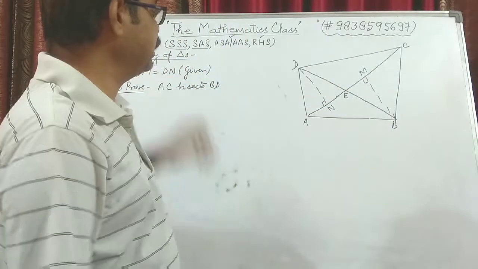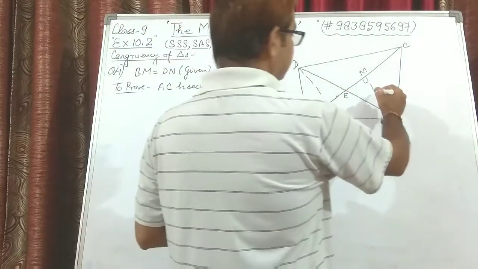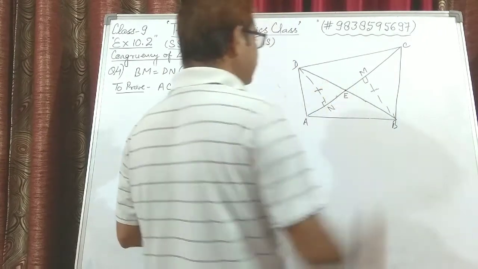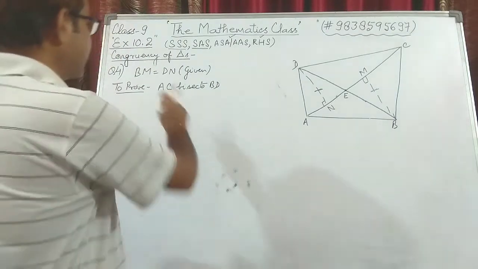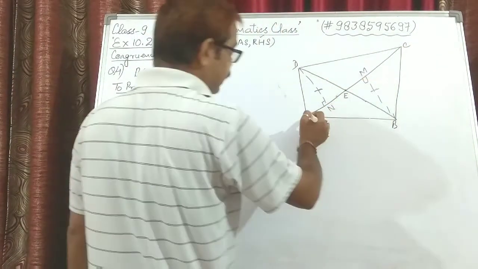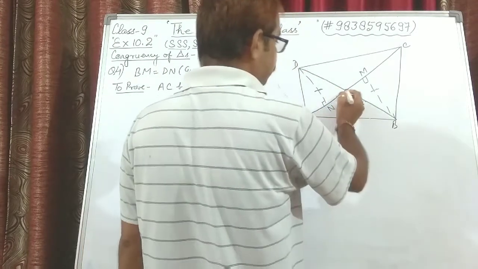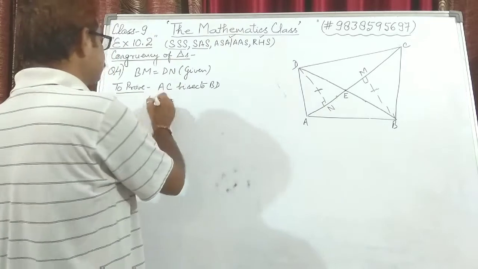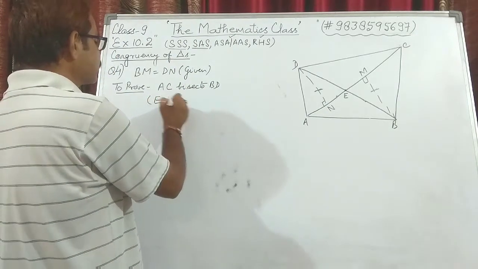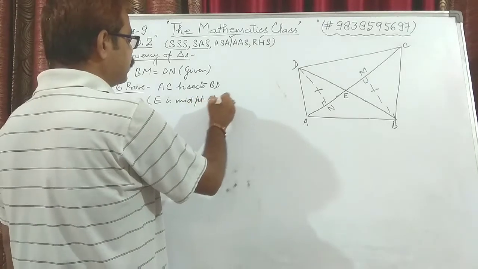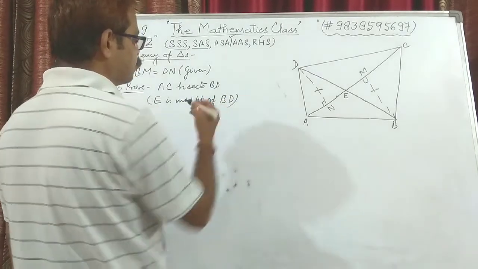So BM is equal to DN. You have to prove that AC bisects BD. Bisecting BD means E is the midpoint of BD, or you have to prove that E is the midpoint of BD.